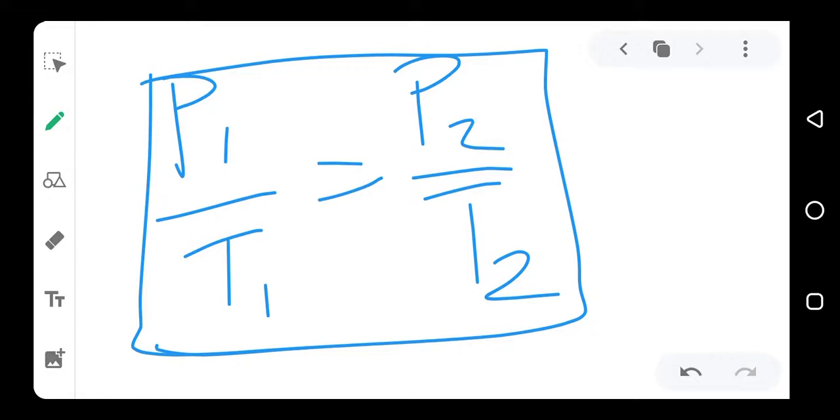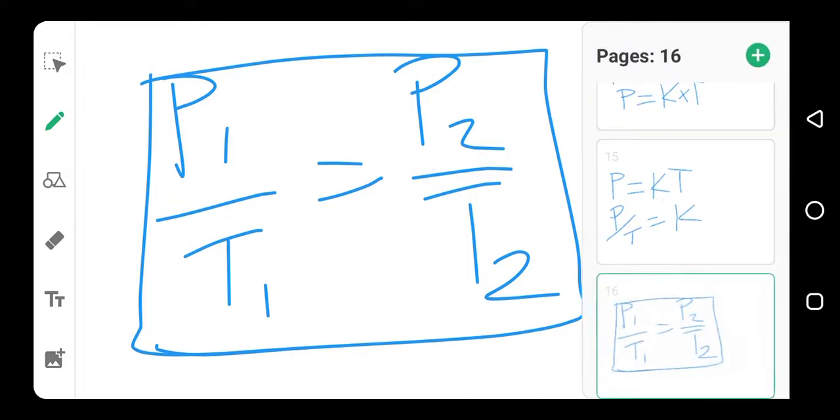So we've now derived the mathematical expression for Charles law, Boyle's law, and the pressure law. Now we have other equations for gas laws.